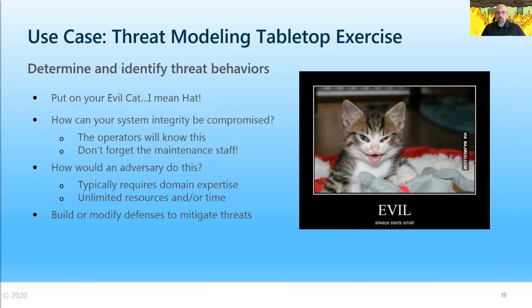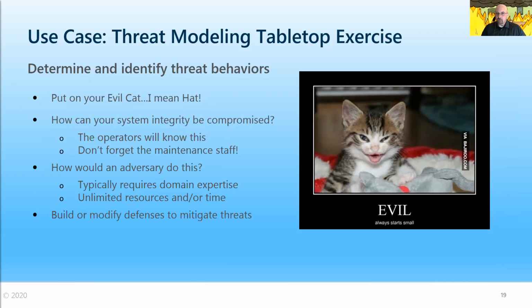So how would an adversary do some of these things? As we've seen with Industroyer, it requires domain expertise. It also requires a lot of resources and time. You're not going to get a script kiddie who's going to drop some malware on an ICS network and do something.